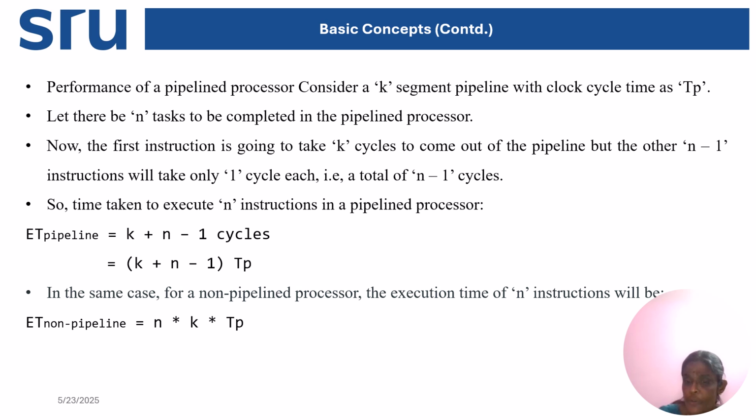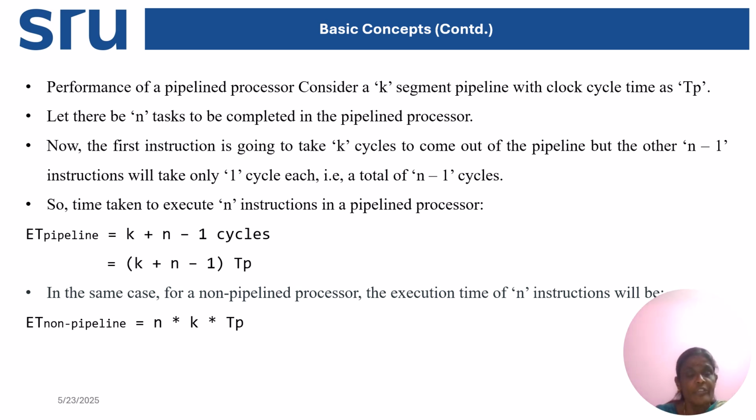Now we have to know in what way the time is reduced, in what way we have saved the number of clock cycles. It will not be random. So how is it calculated, how is it known?